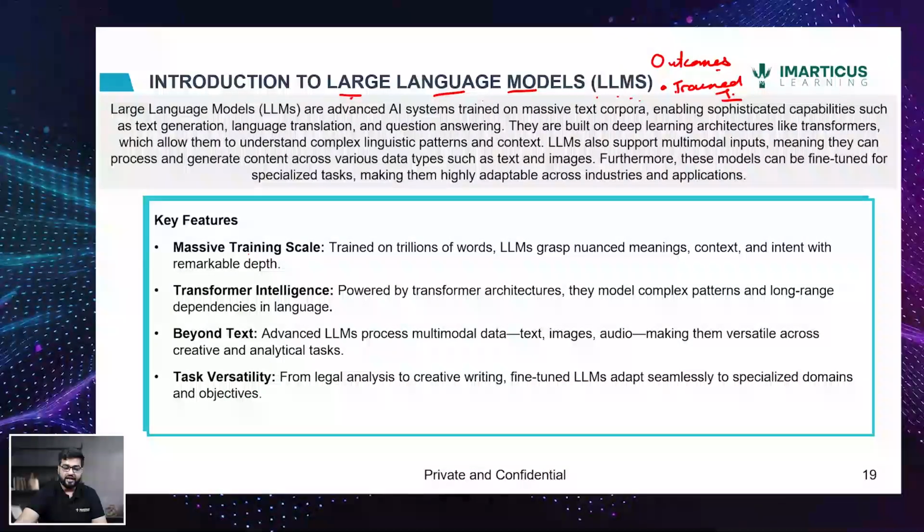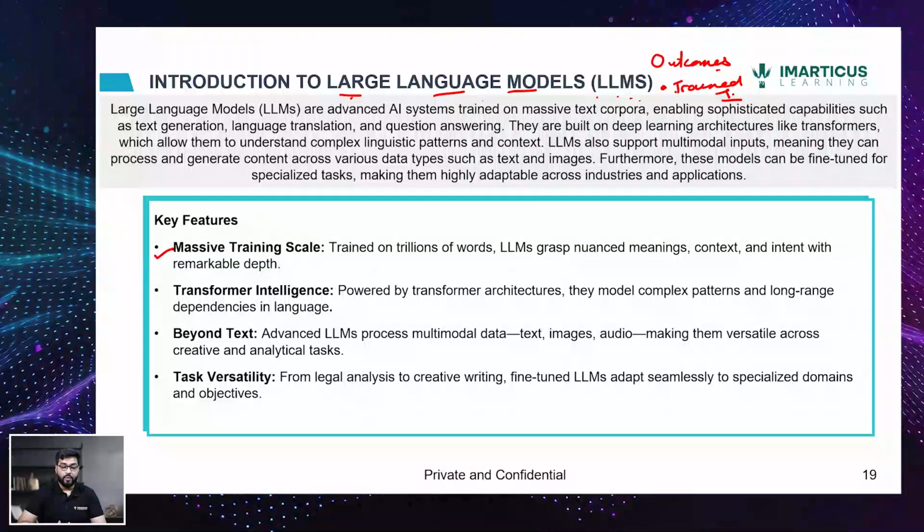Key features of large language models: massive training scale. As suggested, they are trained on trillions of words. LLMs grasp nuanced meaning, context, and intent with remarkable depth. Transformer intelligence: powered by transformer architecture, they model complex patterns and long-range dependencies in language.